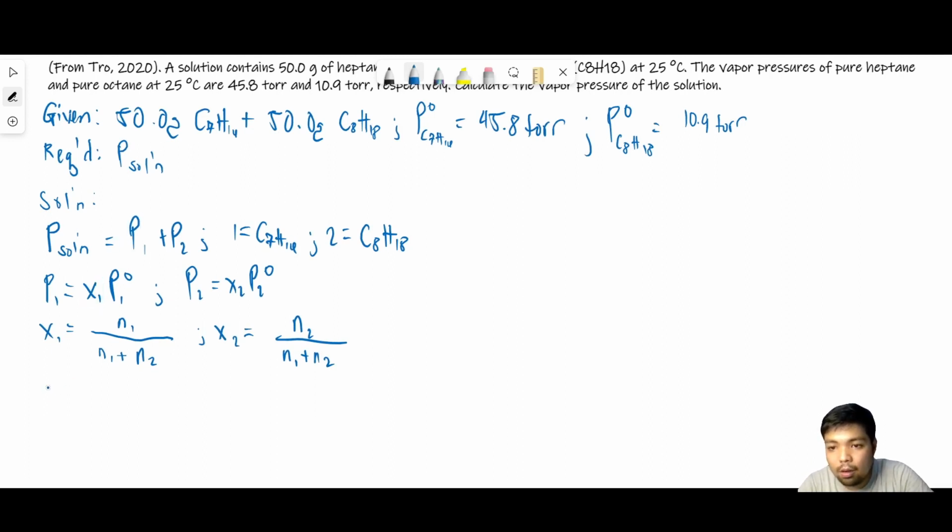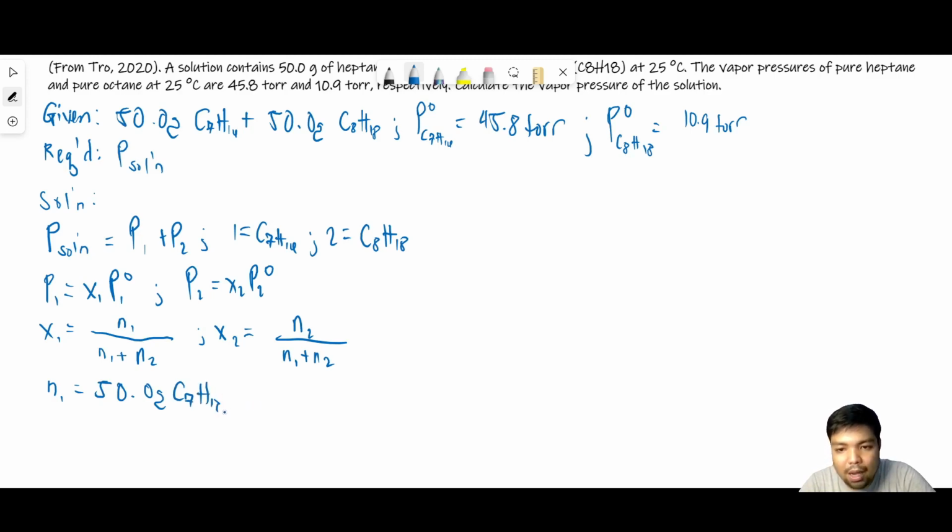So we solve for the number of moles of heptane. We use the molar mass of heptane and the number of grams of heptane to get the number of moles of heptane. The same as what we did in our first problem, we convert the grams of heptane to moles using its molar mass.